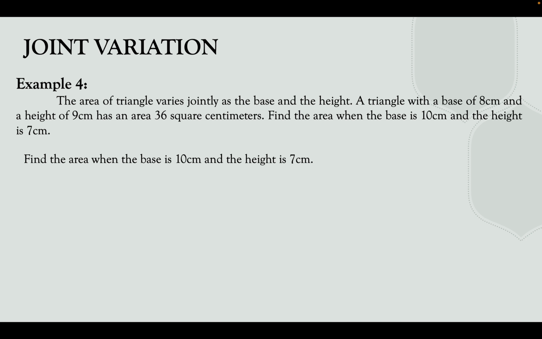Now, we will find the area of the triangle when the base is 10 centimeters and the height is 7 centimeters. So, we will use the equation A equals 1/2 times base times height. Substitute the given, so we have A equals 1/2 times the base, 10, and the height, 7.